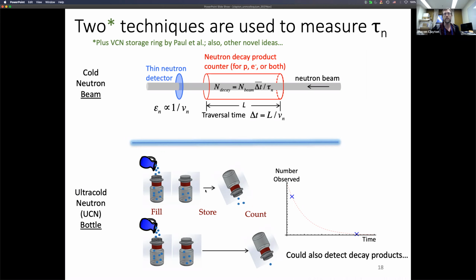So here you fill it, hold it for a short time, count the survivors. Here you fill it the same way, hold it for a longer time, and count the survivors. And so with different holding times, you would trace out this exponential decay. You could, instead of counting it directly, detect the decay products, but that just carries the total rate anyway. It should not give you a different rate than this.